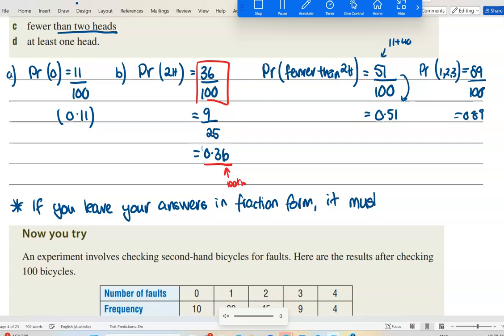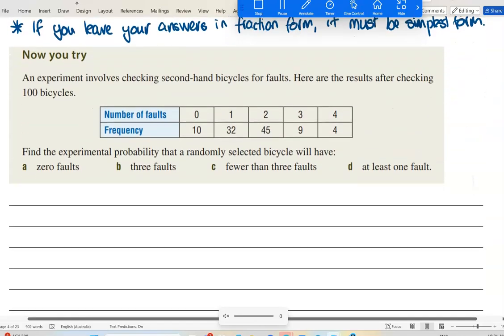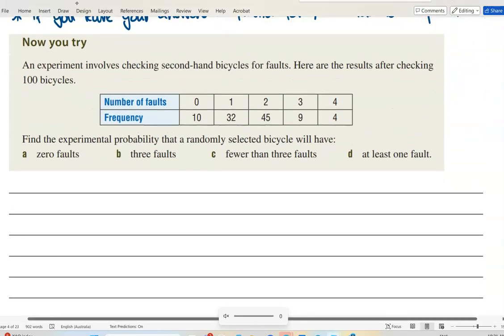Don't say 5 out of 10, it's 1 out of 2. So you must be in simplest form. Try to do it as much as possible. Otherwise, you can just put it in decimal. Just read what they ask. So I'm going to pause it, and you guys are going to give this a go, and then I'll redo it and see how our answers go.